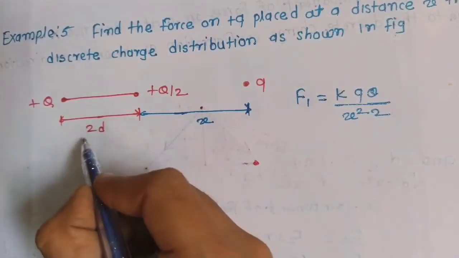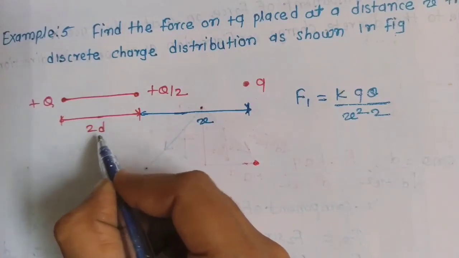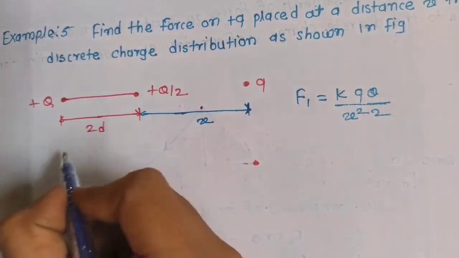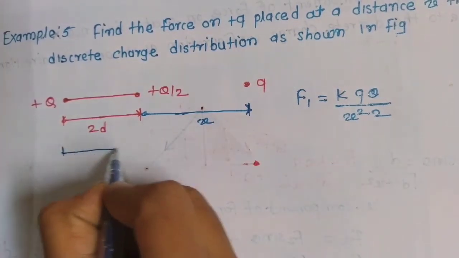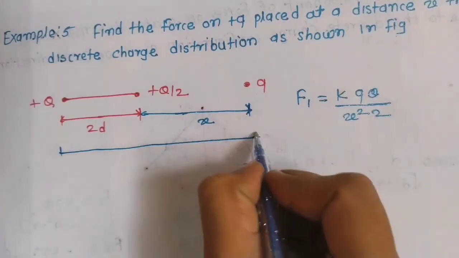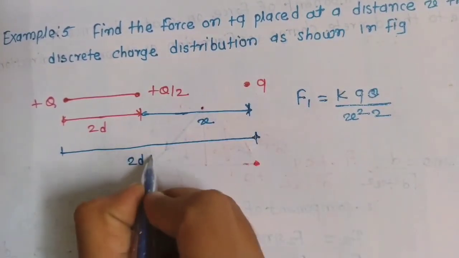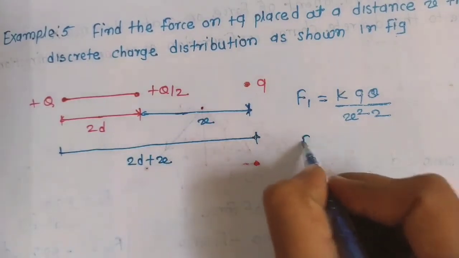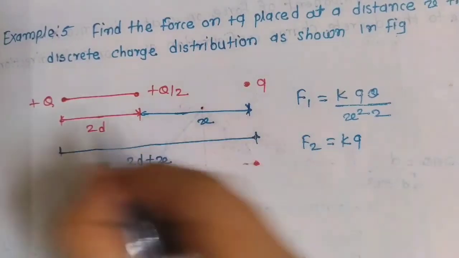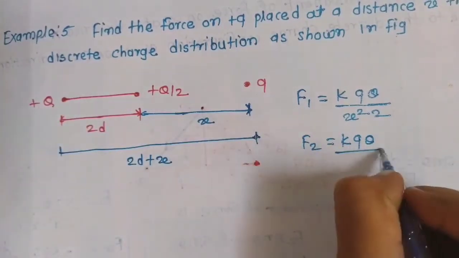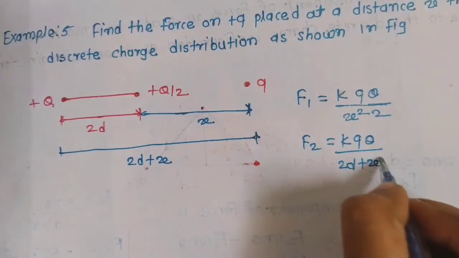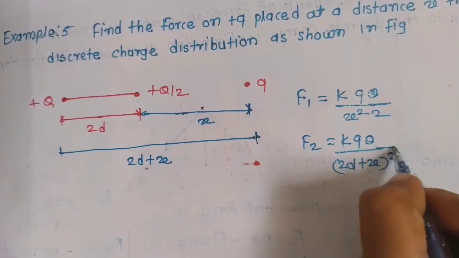Similarly, this is twice d plus x. This is the distance between the plus q charge and this q charge. So F2 is equal to K Q Q upon the square of the distance, 2d plus x whole square.